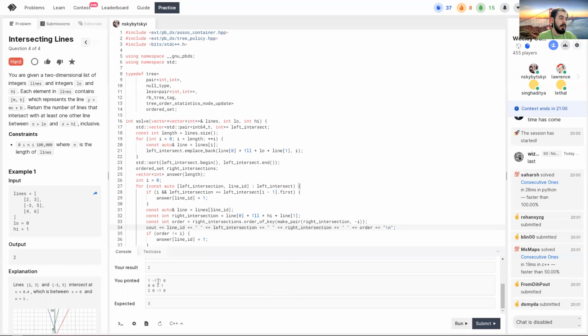So here we have a line from -1 to 1. Order is 0. So this line does not intersect anything before it. And we have a line from 0 to 3, which does not intersect this. It's 1.